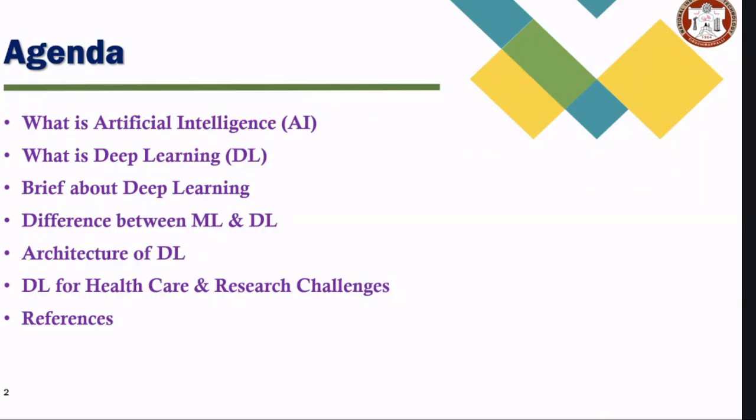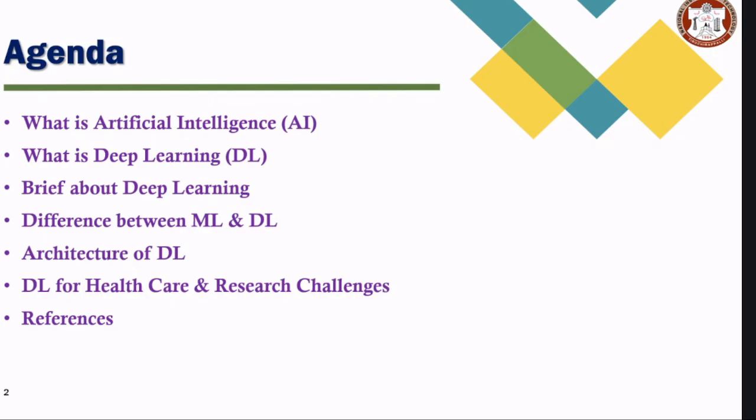By the way, my discussion is going like this. First of all, we are going to discuss what is artificial intelligence. Then slowly we are going down to deep learning, a brief about deep learning.